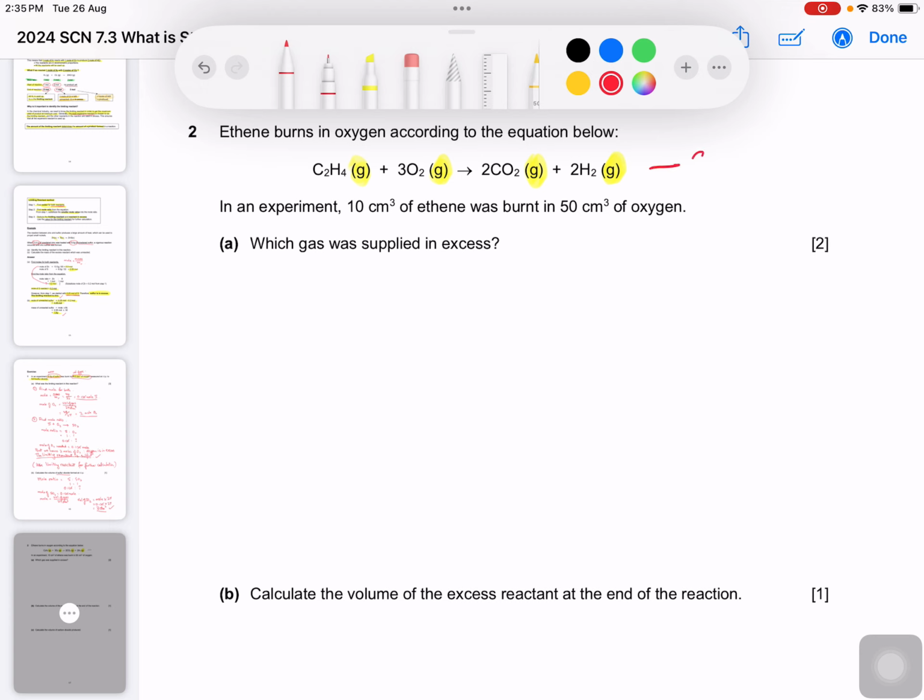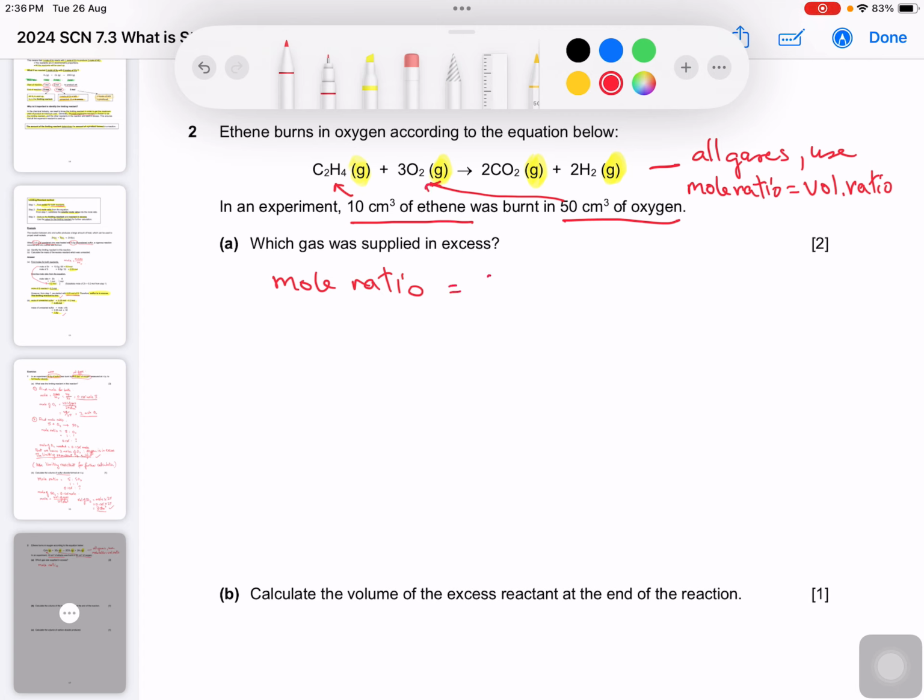For all gases, use mole ratio equals volume ratio. So which gas was supplied in excess? Let's always start with the mole ratio. 10 cm³ of ethene with 50 cm³ of oxygen. Ethene is this one, and oxygen is this one.